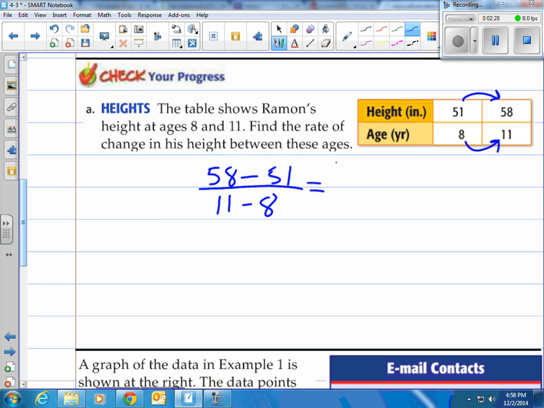So it looks like we have 7 on top and 3 on bottom. When we actually calculate this out, we can say that that's 2 1/3. We're talking about inches. So on average, he's grown 2 1/3 inches every year.